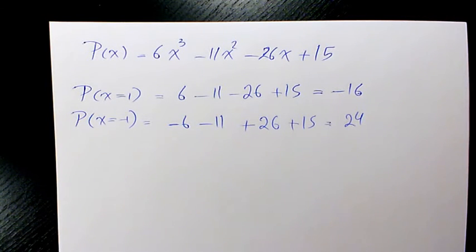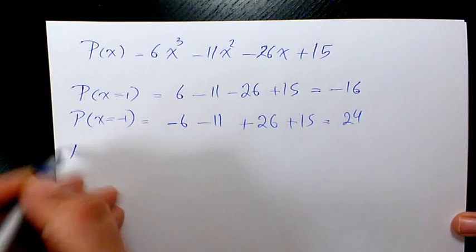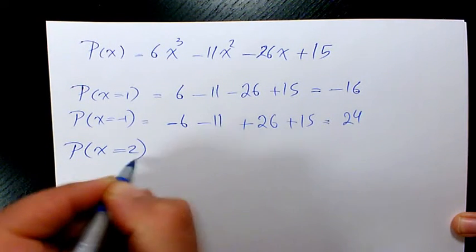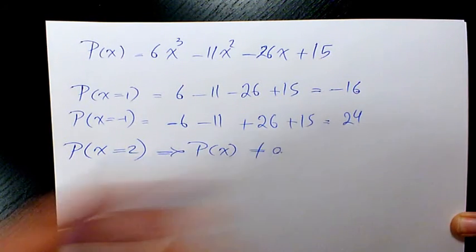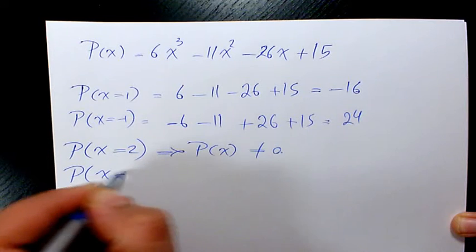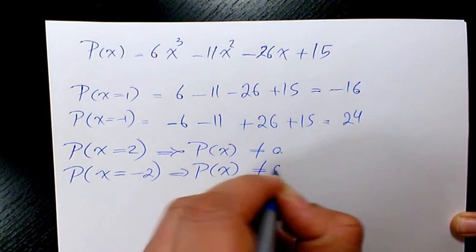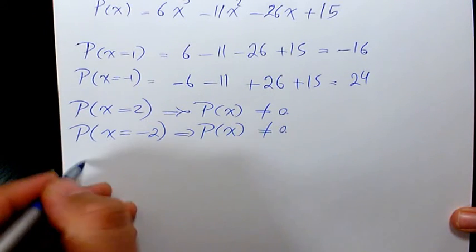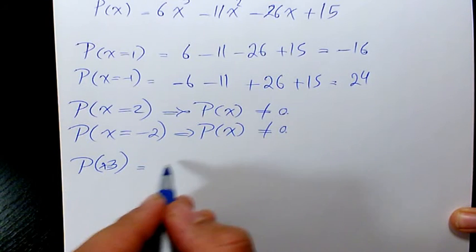Okay, next one, let's look at x equals 2. Still it is not going to be equal to 0. If you look at negative 2, still it is not going to be equal to 0. But if you look at x equals 3, let's see what is going to happen.